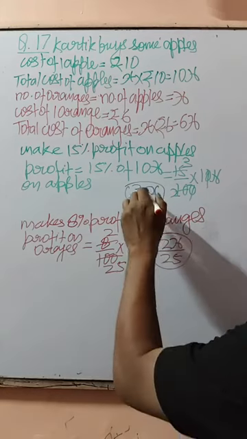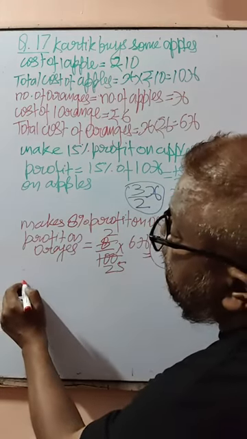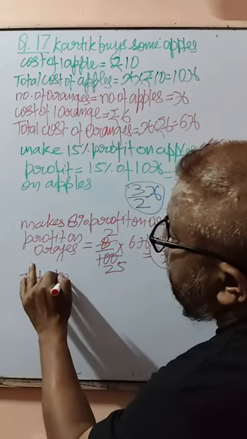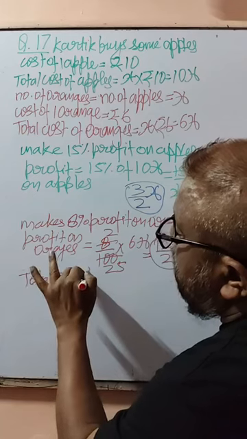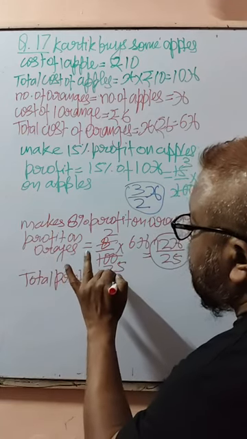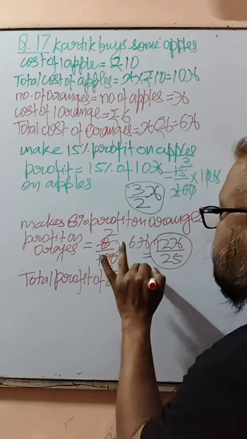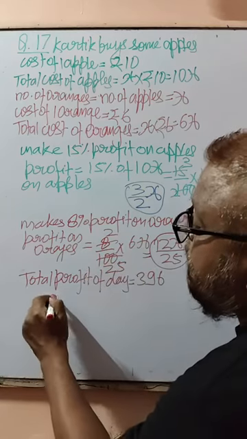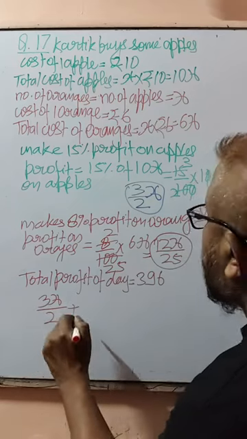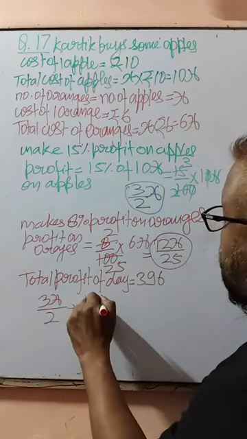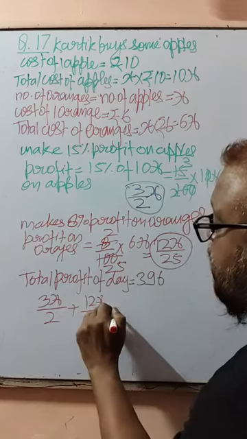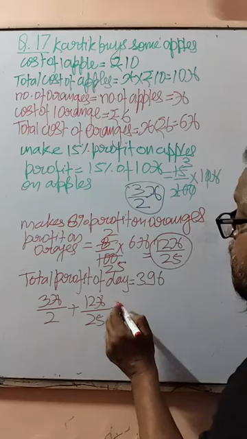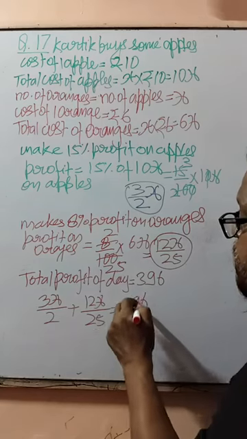Getting? Yes, sir. Now the total profit of the day is equal to 396. So 3x upon 2 plus 12x upon 25 is equal to 396. Right?